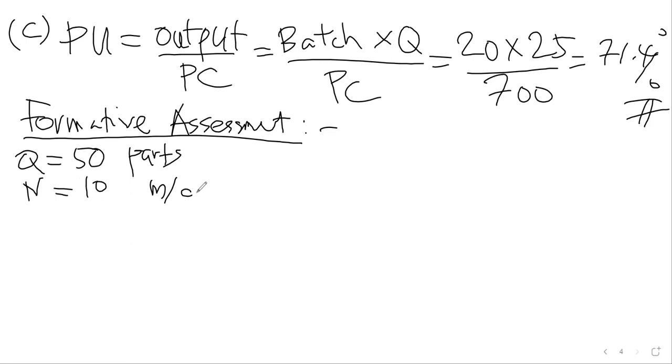The operation time on a machine for each part is 15 minutes, so T operation is 15 minutes, divided by 60, which gives 0.25 hours.